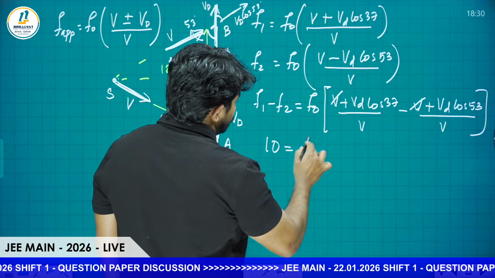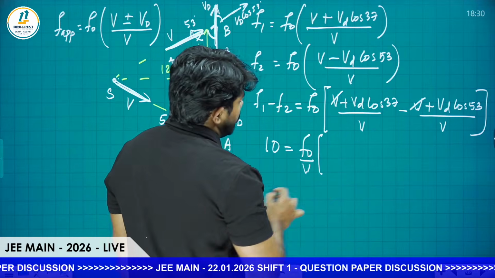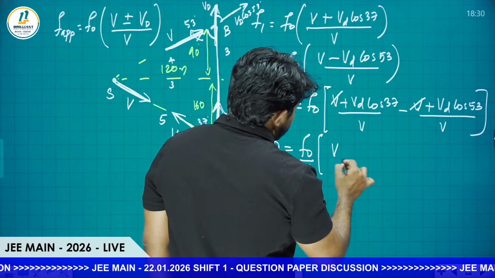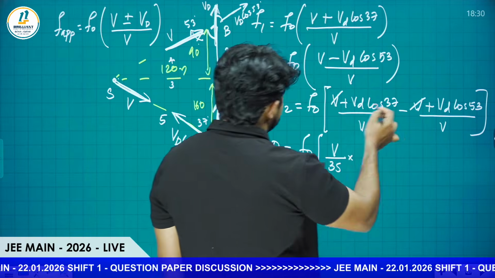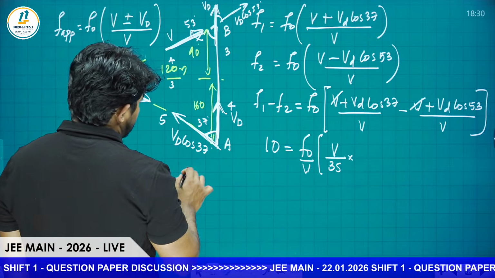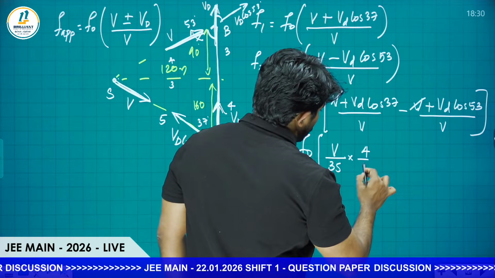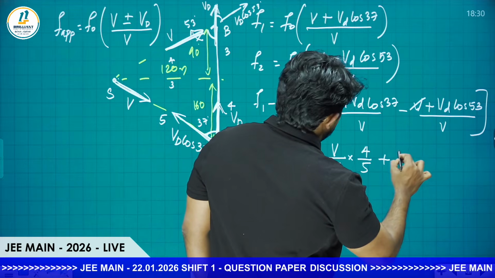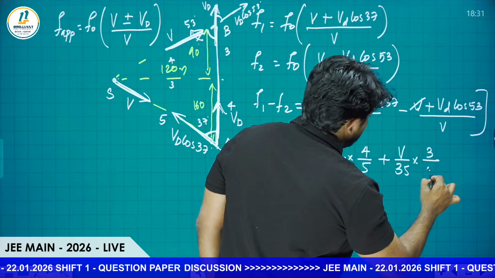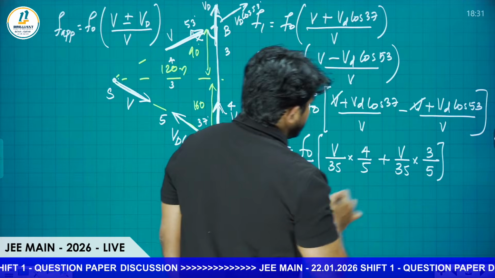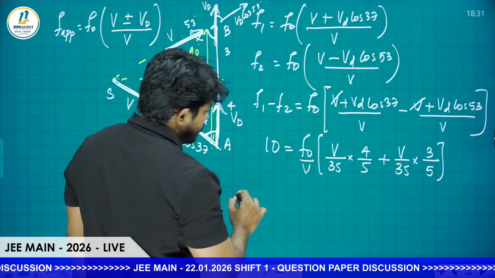This is 10, so f0 times, actually we can take v also outside. So this will be Vd, which is v by 35, times cos 37. What will be cos 37? Adjacent by hypotenuse, right? So it is 4 by 5, plus v by 35 times 3 by 5, right? 3 by 5. Yeah, we can take out the v value and it gets cancelled.